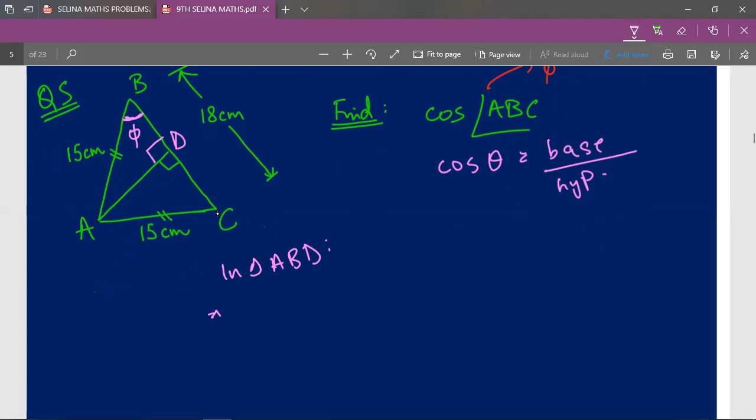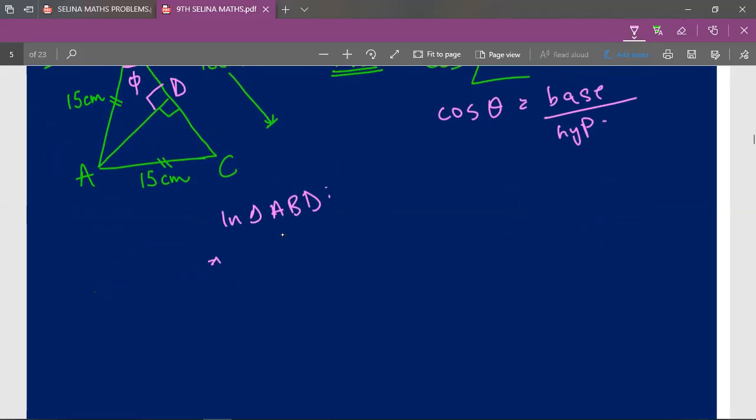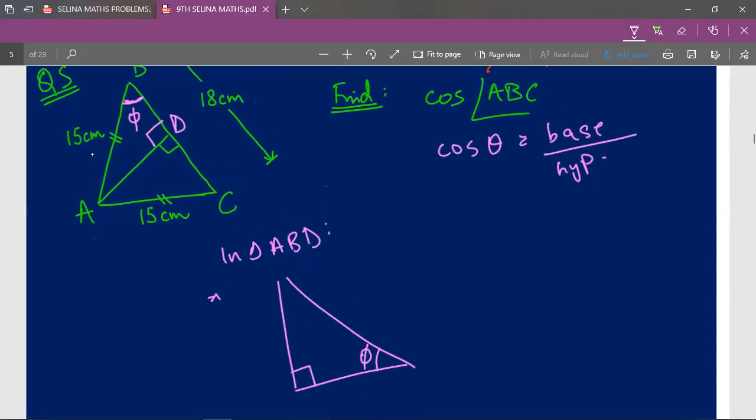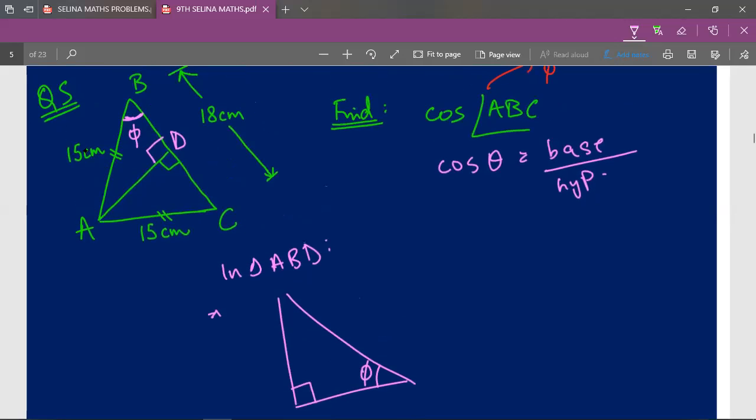So all I'll do is rearrange the triangle in such a form that the phi is towards the ground. So this will be like this, and this is angle phi. And the side that is directly opposite to the 90 degrees is always known as the hypotenuse. So AB is the hypotenuse.